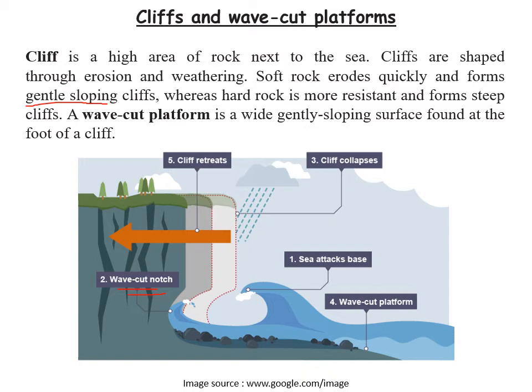Now with time this notch gradually increases its depth, and after some time the material hanging over this notch loses its resistivity. That means it becomes unstable and rock falls occur, so it collapses, and this collapsed material, these broken rock particles, now come into direct action of the regular swash and backwash found in the foreshore areas.